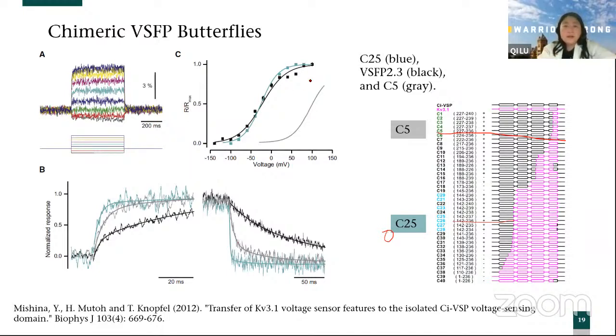So compared to the C25, the blue one, and another one is with FP and the C5. They all form functional sensors at different membrane potentials and currents, and both the C25 and the C5 are better than the positive controls.